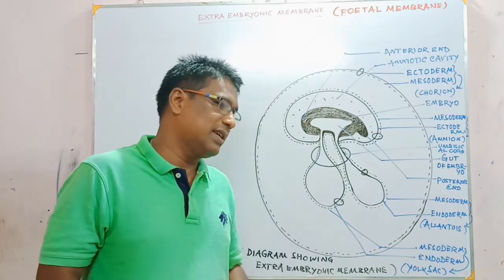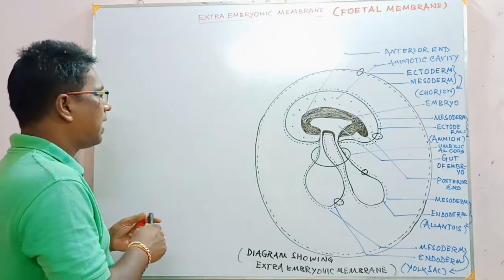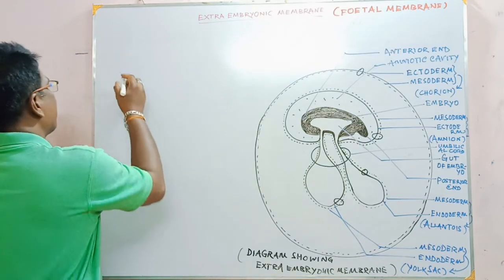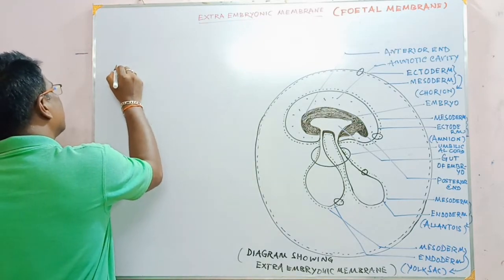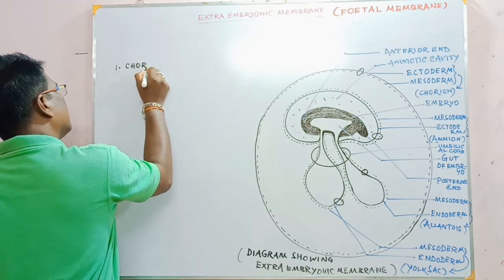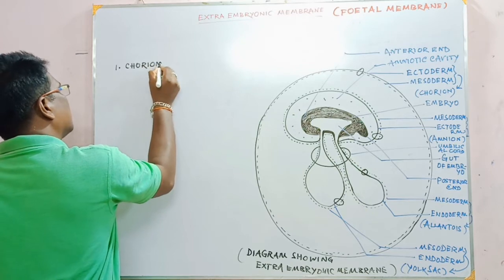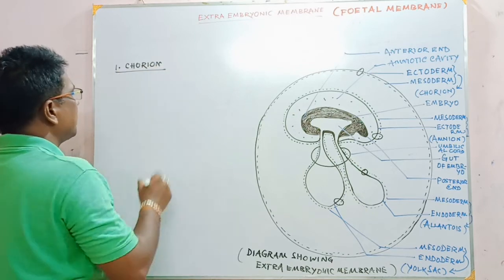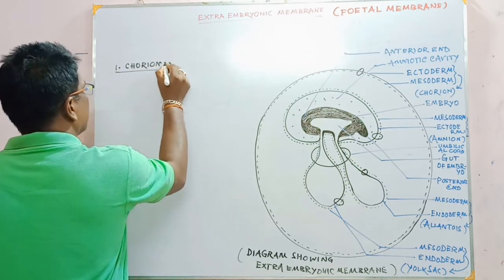So students, first of all, the first extra embryonic membrane is the chorion.